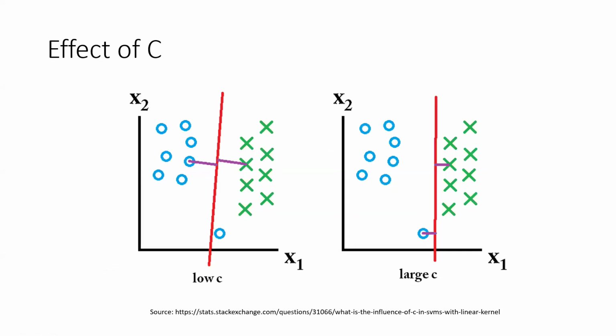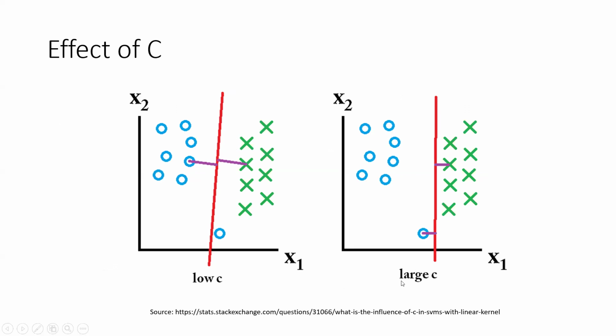When you use a low value for C, it is actually a capital C, you can maintain a large decision boundary, right? But there can be misclassifications when we are using low C values.